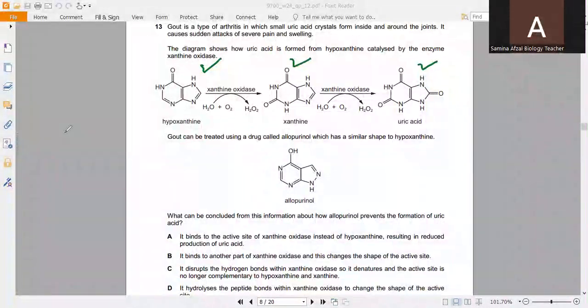So gout can be treated using a drug called allopurinol, which has a similar shape to hypoxanthine.